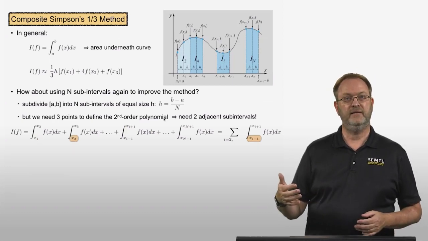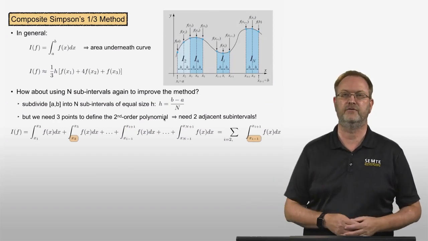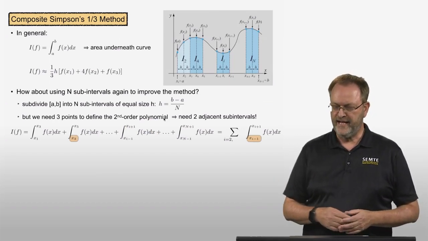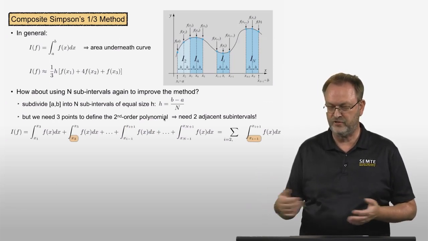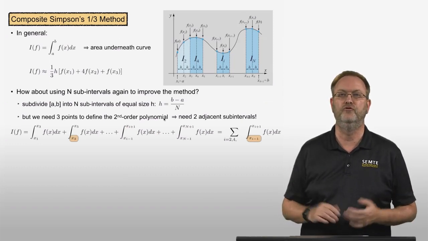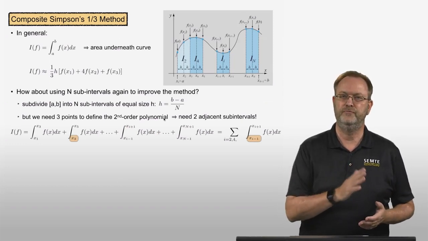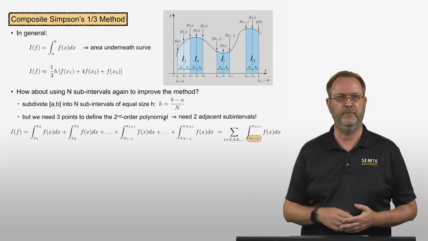Next up is x3 as the lower bound of the next integral. So what does i have to be so that x_{i-1} is equal to x3? Well, that would have to be i equal to 4. So we go from 2 to 4 and so on, then to 6, and we keep on going.